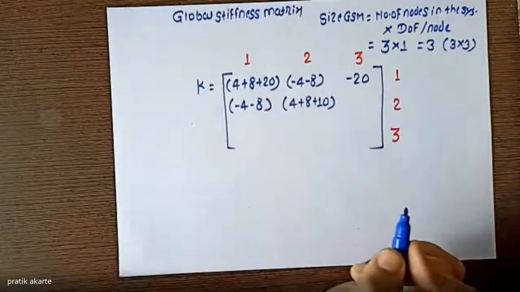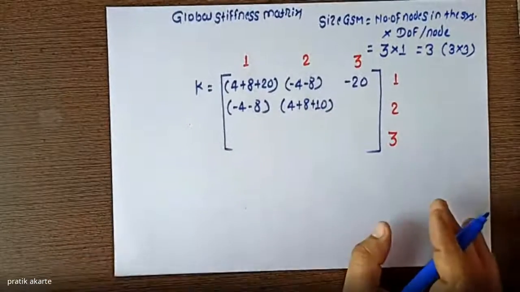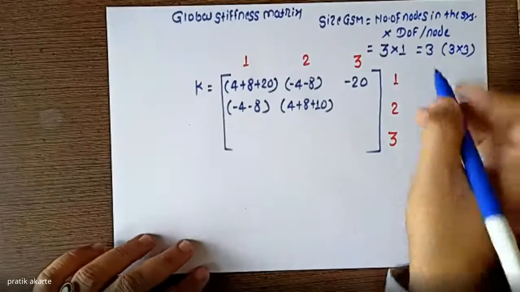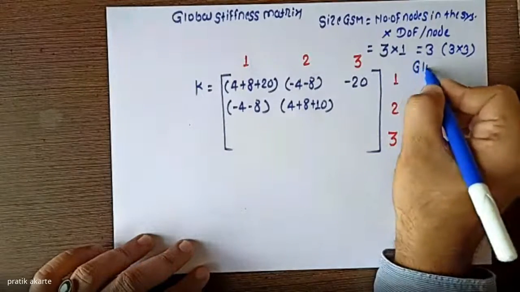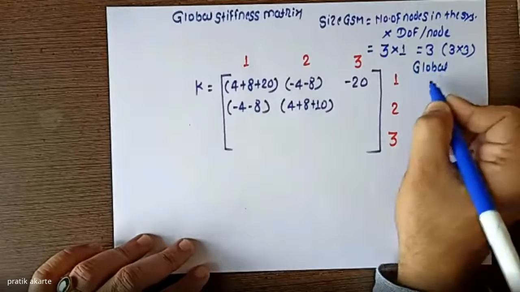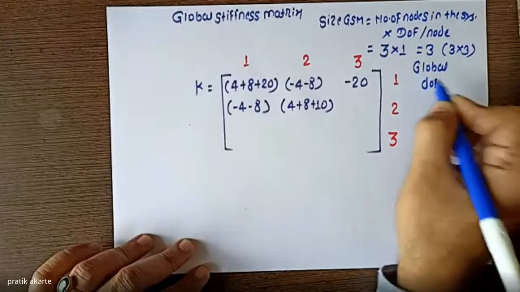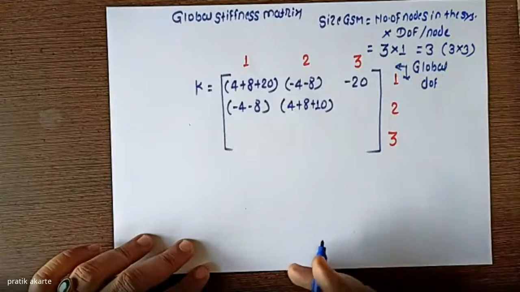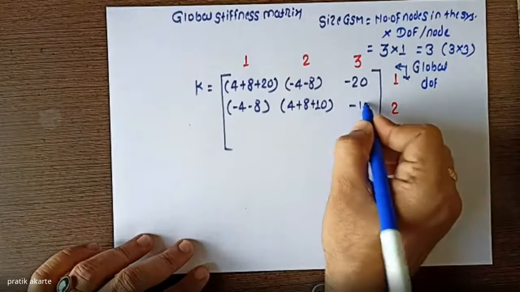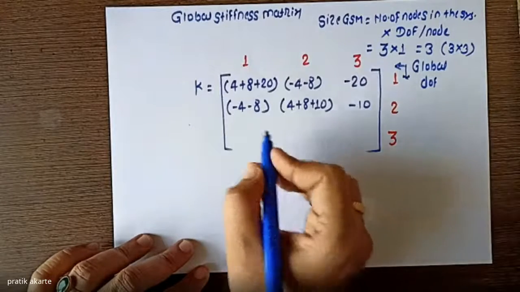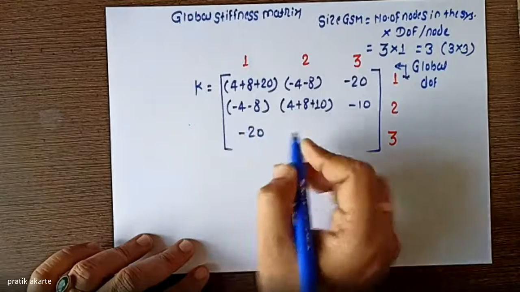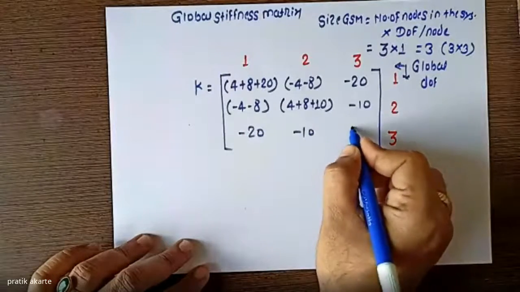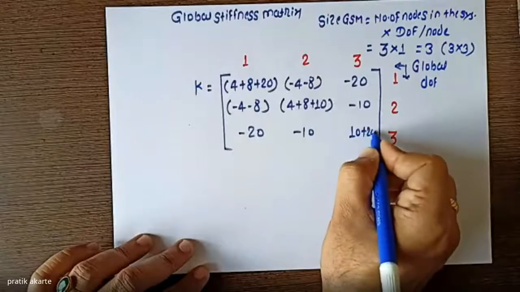So likewise, you have to construct your global stiffness matrix by considering these global degrees of freedom which are mentioned in your element stiffness matrices. So it is again minus 10, then we are having minus 20, minus 10, and for 3, 3 we are having two elements, it's 10 plus 20.